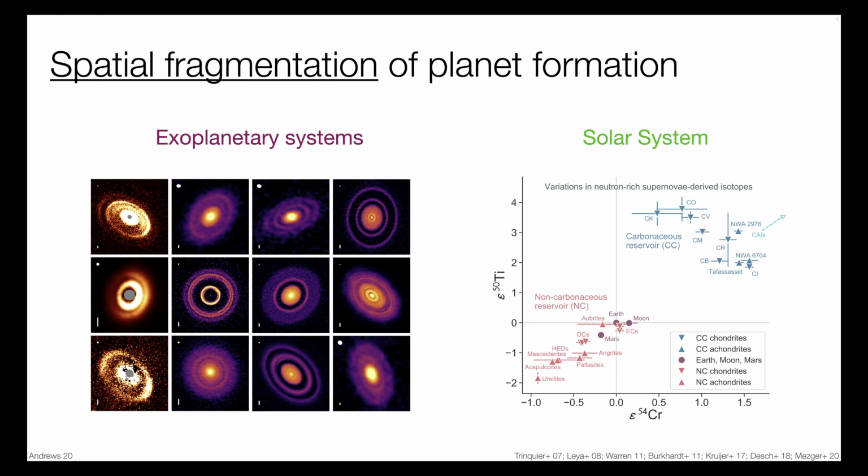In disks, we observe substructure in the dust component as early as the class 1 disk phase. For the solar system, we also have evidence for spatial fragmentation from meteoritics, here shown in chromium versus titanium isotope space, the so-called isotopic dichotomy in neutron-rich supernova-derived isotopes, which separates the non-carbonaceous, or NC, and the carbonaceous, or CC, planetary reservoirs.